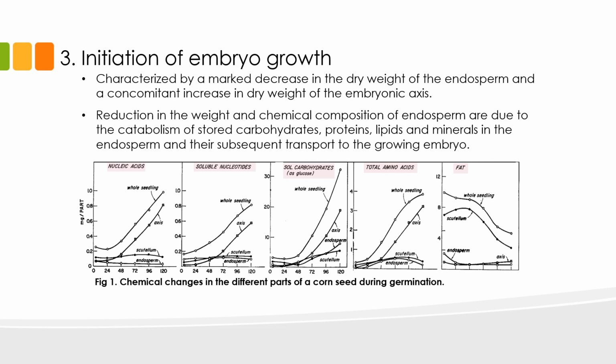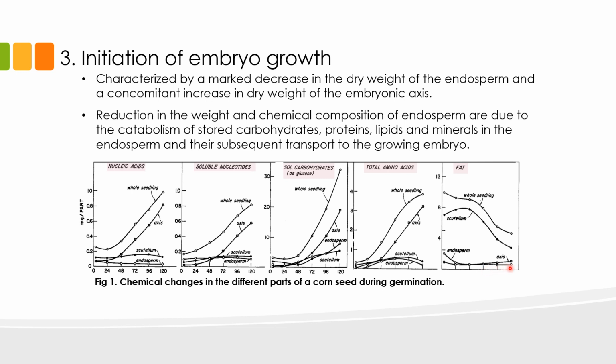Here are more graphs depicting changes in the content of nucleic acids, carbohydrates, amino acids, and fats in germinating seeds. Look at the level of these chemical components and notice how they are higher in the embryonic axis compared to the endosperm. Even the fats and oils are increasing in the embryo axis, as you can see here.